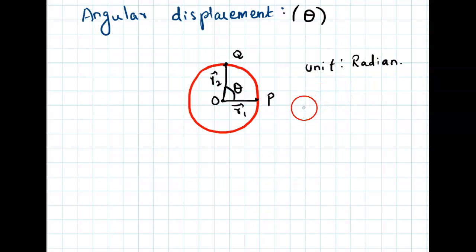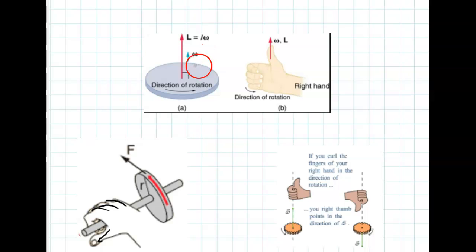and we can find its direction, since angular displacement is a vector quantity for a small displacement. It is given by the right hand rule.